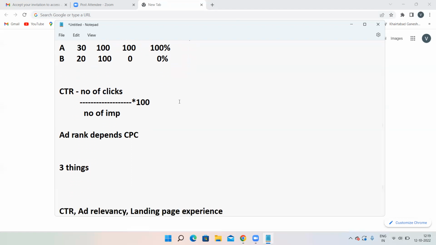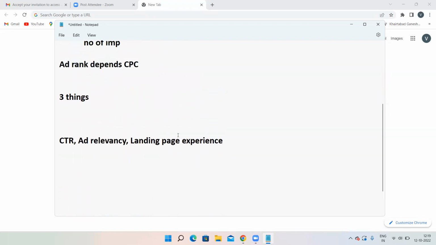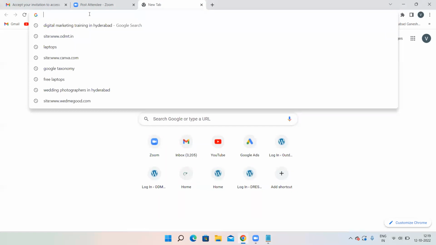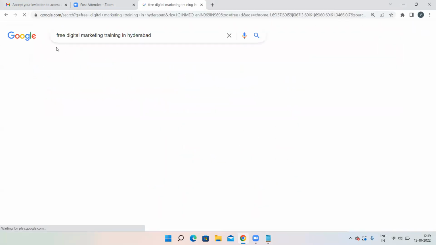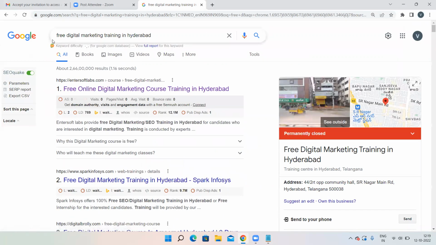Now, as I told, quality score depends on three things: CTR, ad relevancy, and landing page experience. You know CTR is number of clicks by impressions into 100. Now let us talk about ad relevancy. Ad relevancy is when you are not providing free digital marketing training in Hyderabad, but your advertisement is still appearing for free digital marketing training in Hyderabad.